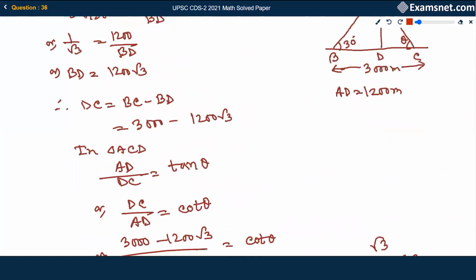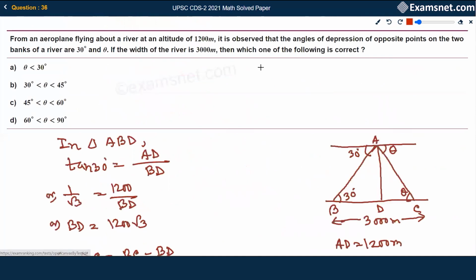So here we can say which one of the following is correct. Theta lies between 45 degree and 60 degree, correct? So option C is the correct one. Theta will lie between 45 degree to 60 degree. Option C is the correct answer here.